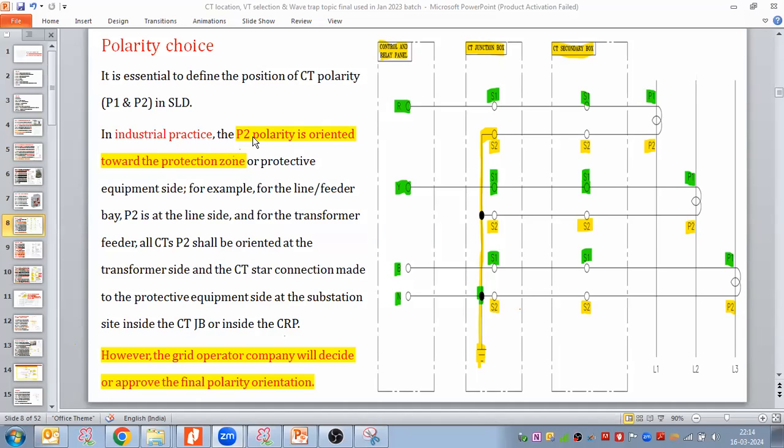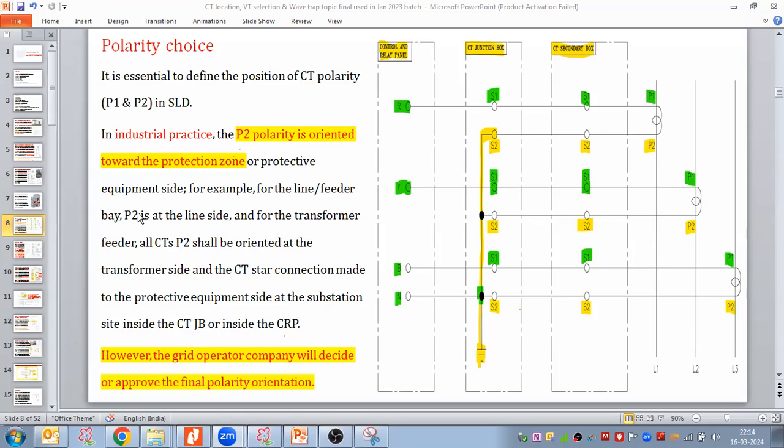So in industrial practice, the P2 polarity is oriented towards the protection zone. Industrial practice, I'm telling, the P2 polarity is oriented towards the protection zone. Our protective equipment side, for example, could be a line feeder bay.